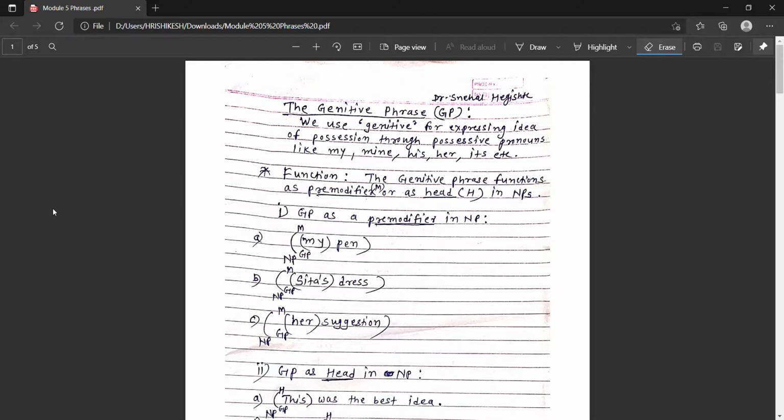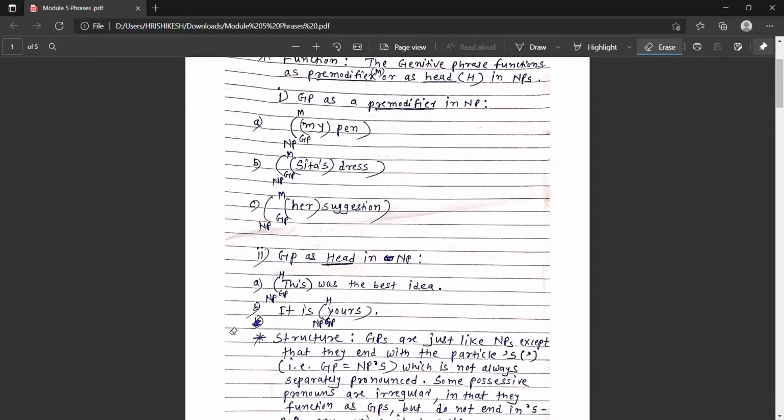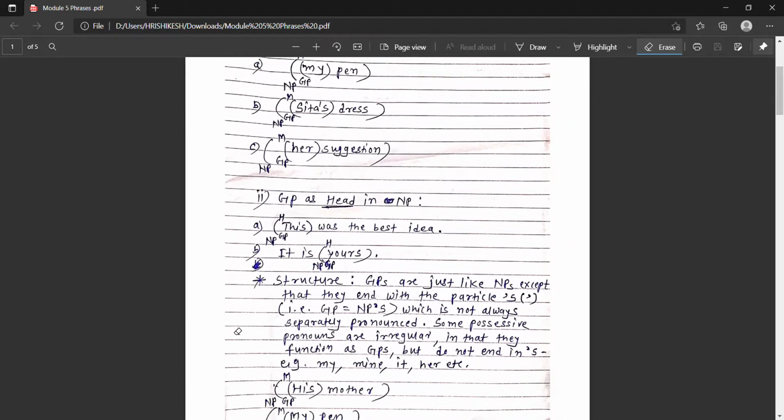After discussing the first function of the GP in a noun phrase, we can discuss the second function, that is GP as a head in a noun phrase. Genitive phrase functioning as a head in noun phrase. So in example A, there is a sentence: this was the best idea.